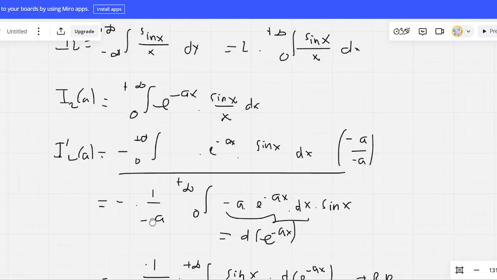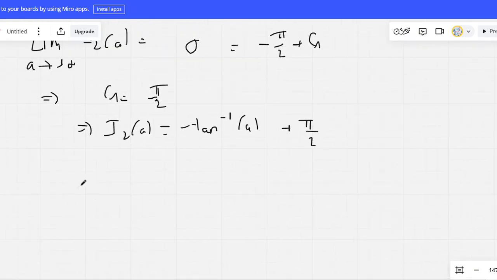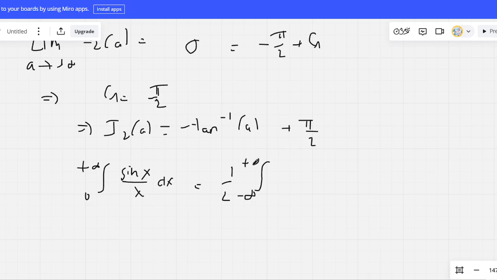Now, we want to find back the original solution to the integral here, which is the integral from 0 to positive infinity of sine x over x. Well, it's not exactly the case, but we only want to find this one right here: the integral from minus infinity to positive infinity of sine x over x. But remember, since it's an even function, we can just split it in half and we get this integral right here.